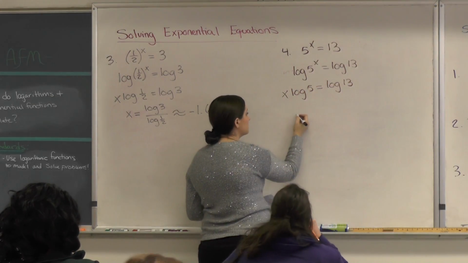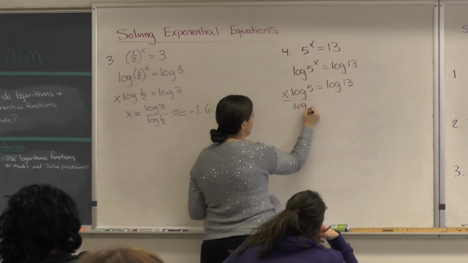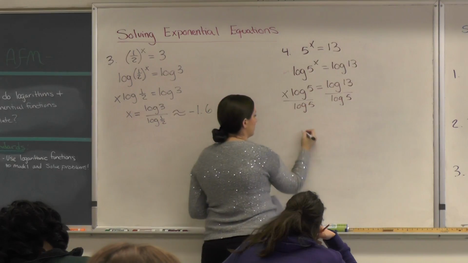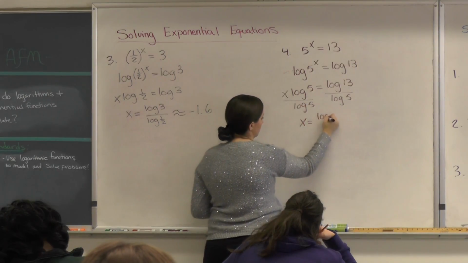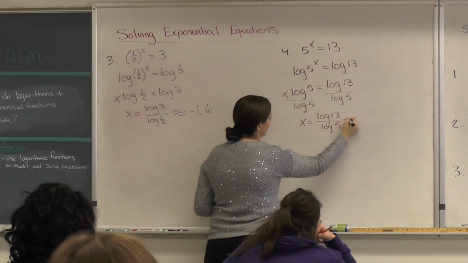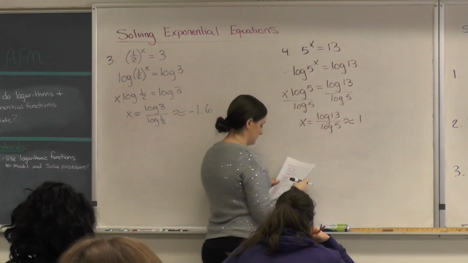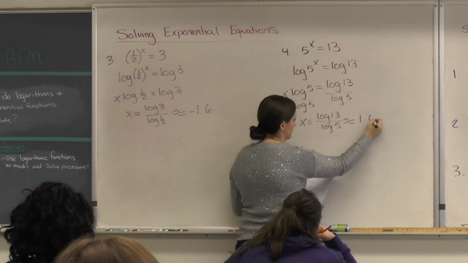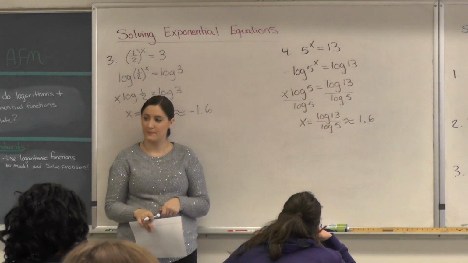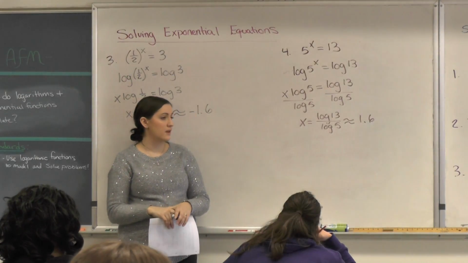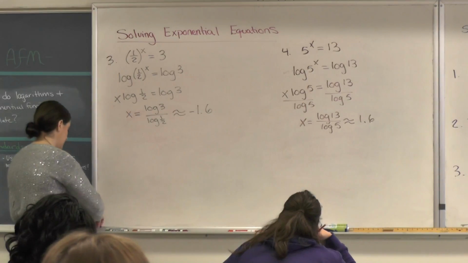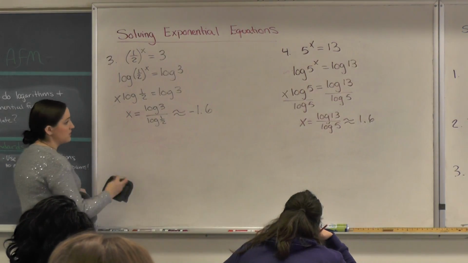You divide by log 5, which is approximately 1.6. Alright, now let's look at one where it would be easier and also would make sense to use the natural log.